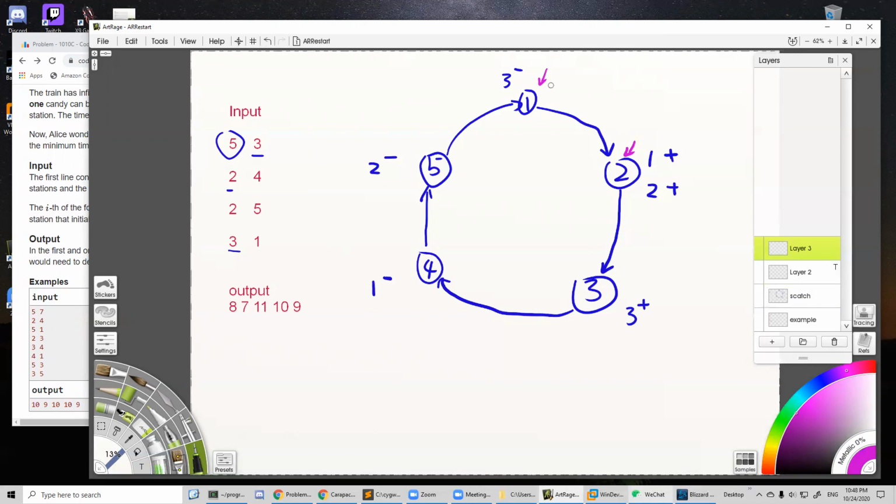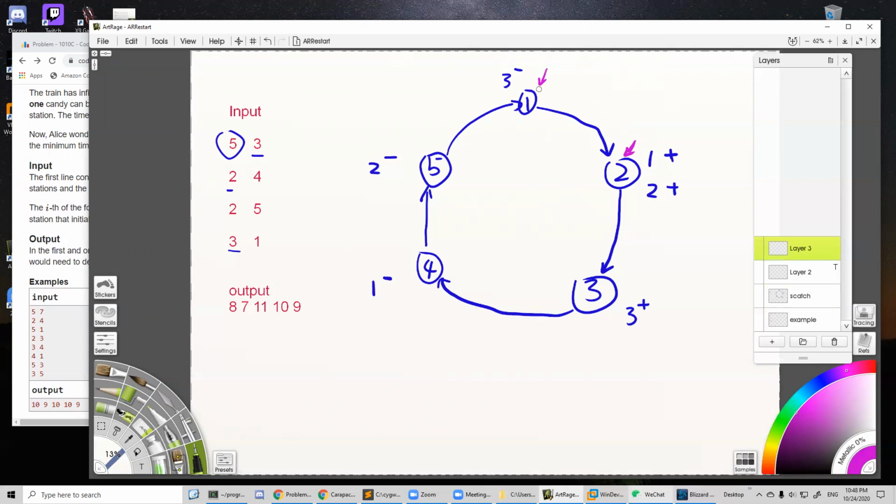One thing to mention: we need to calculate the shortest time cost for the train to move all of the candies from the initial point to the ending point. The time cost for the train to move from one place to another is 1.